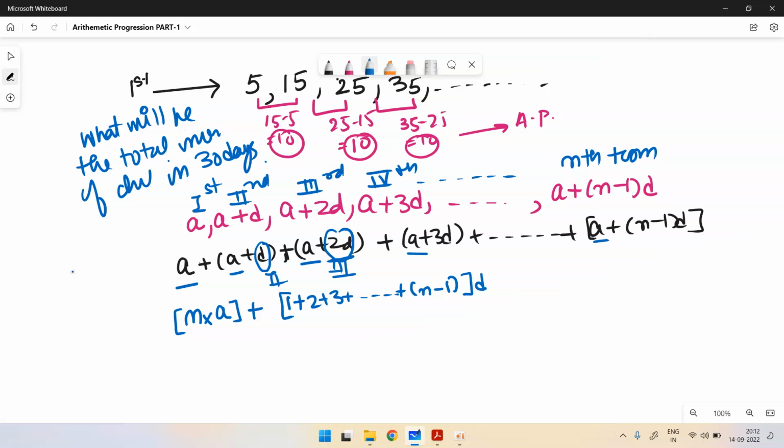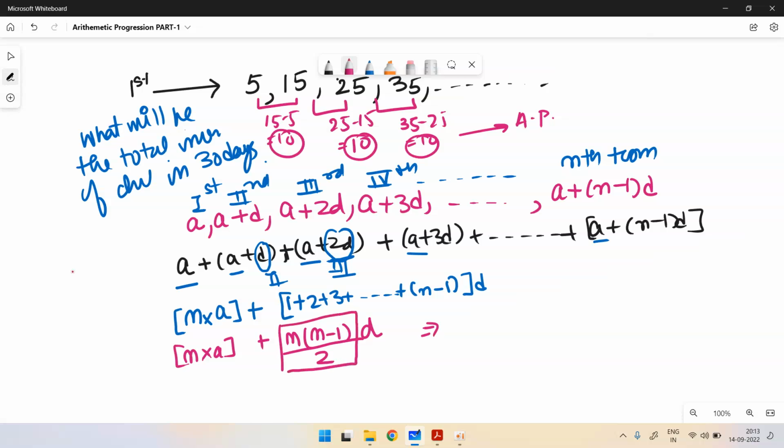Now the formula for calculating this 1 plus 2 plus 3 till n minus 1 is n into a, and this is n into (n minus 1) by 2 into d. Now if you take the LCM as 2, this is the formula. You need to remember this.